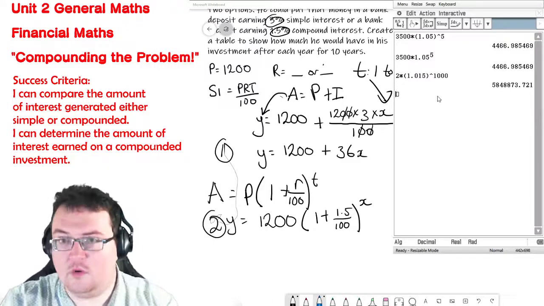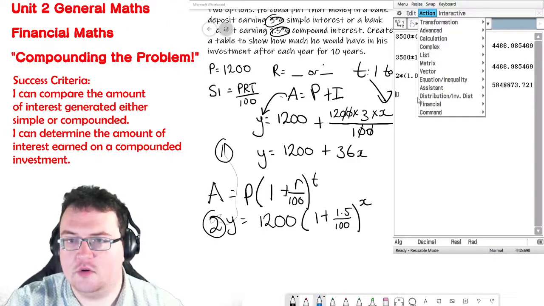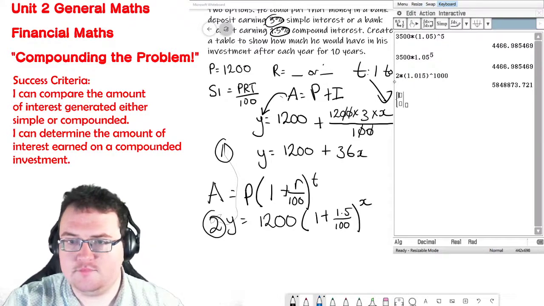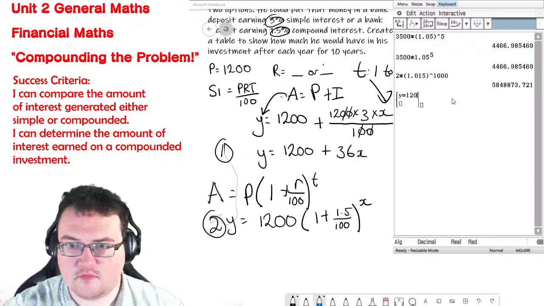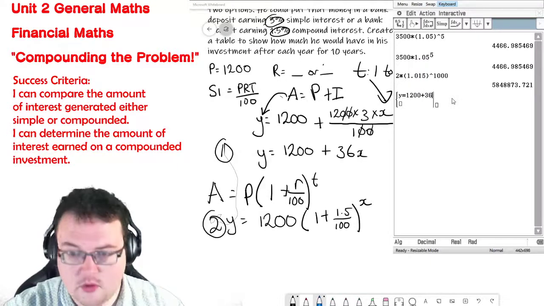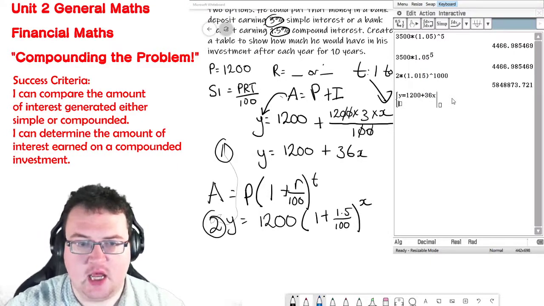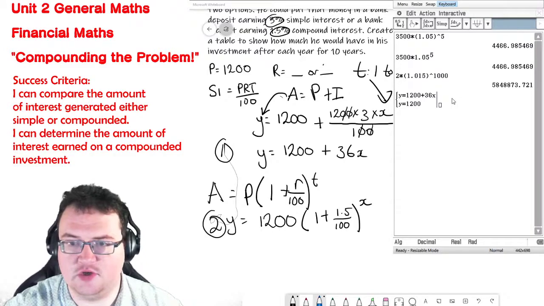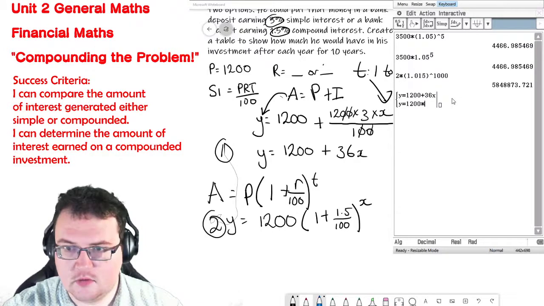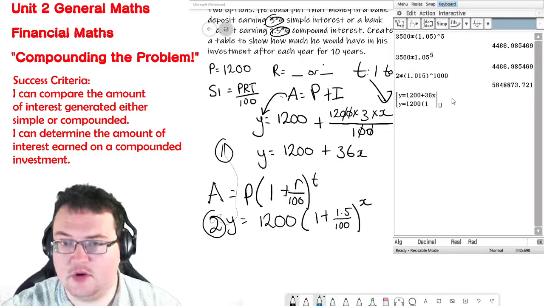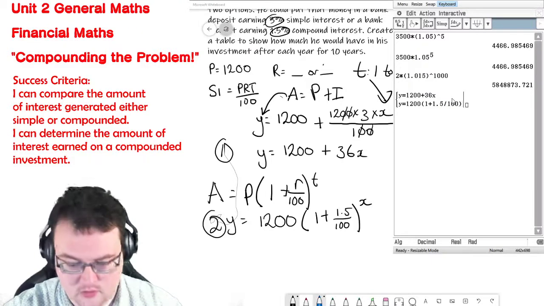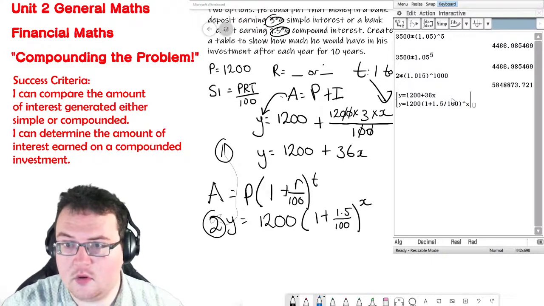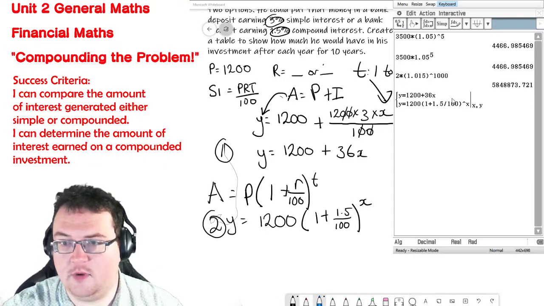So what we can do is we can go y equals 1200 plus 36x, and y also equals 1200 bracket, and then x comma y.